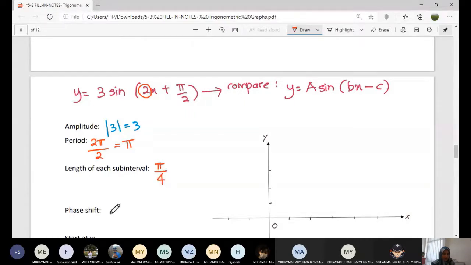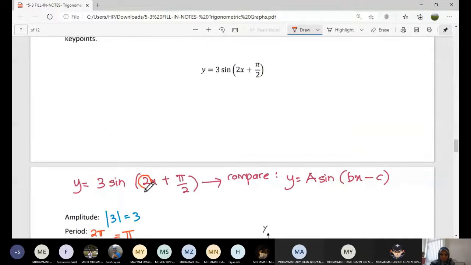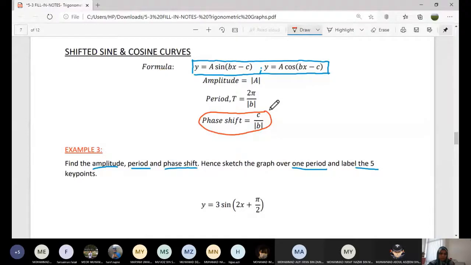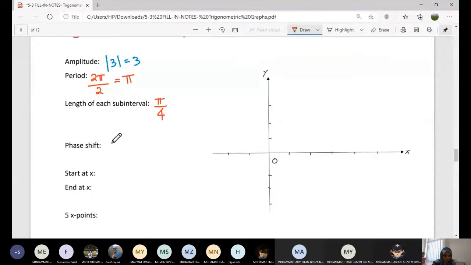And then for the phase shift, the formula is c over the absolute value of b. Just now our b is already positive, so we just take c over b. The value of c here is negative pi over 2.